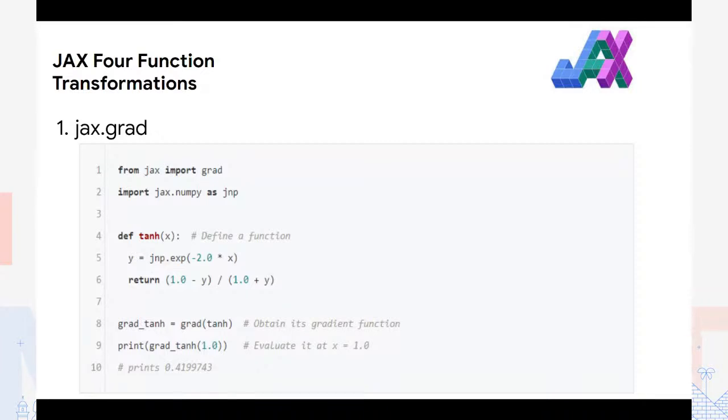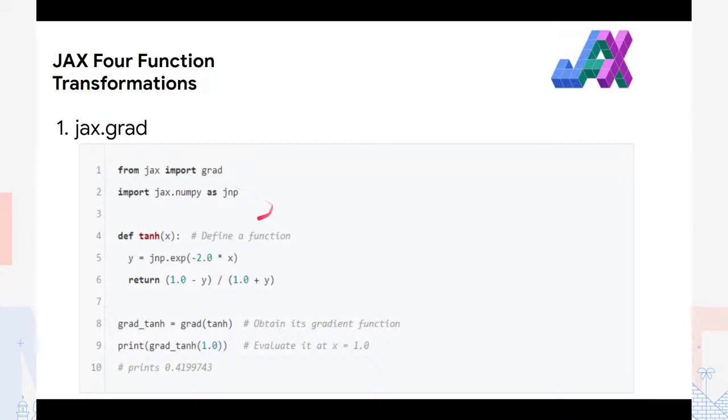I don't know if you got what I mean, but we have a function, and thanks to grad, we get the gradient of that function. This can be used for automatic differentiation, which is a key technique in deep learning and for training models in general.